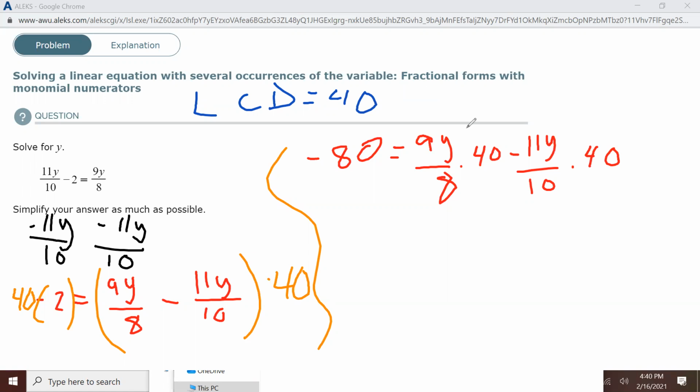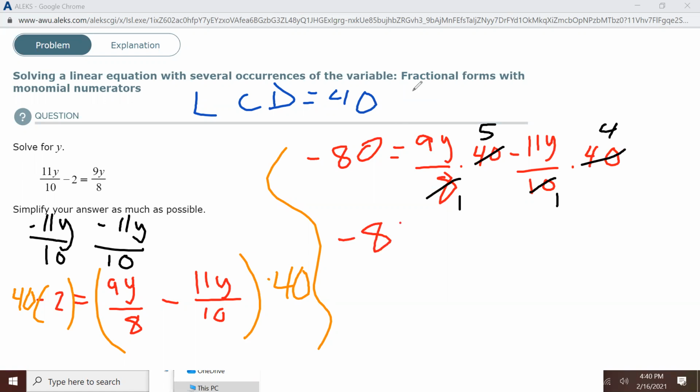Now I can cancel certain things. Because we multiply both sides by the least common denominator, all denominators should now cancel away. 8 divides into 8 once and into 40 5 times. 10 divides into 10 once and into 40 4 times.